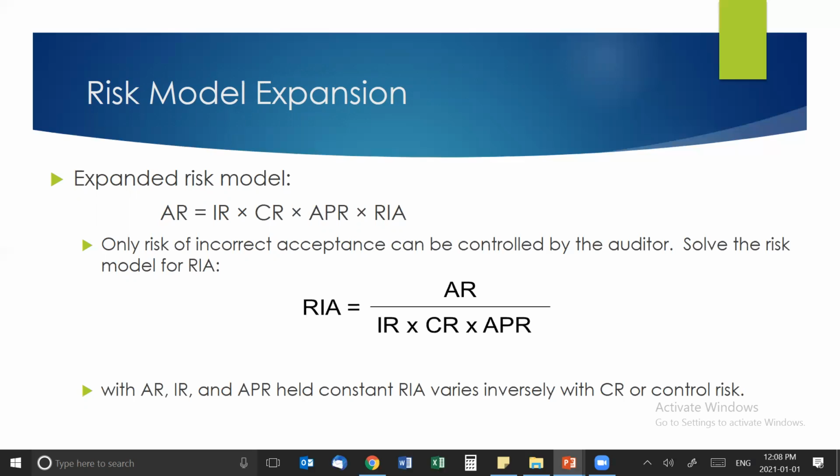So our risk of incorrect acceptance is going to help us determine how many procedures or how many samples we have to do.